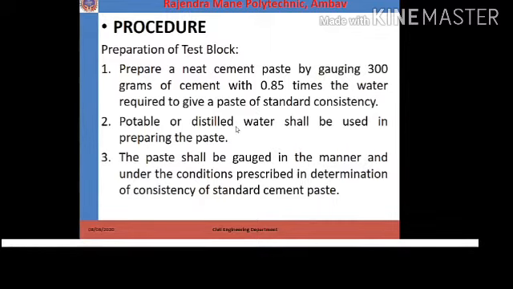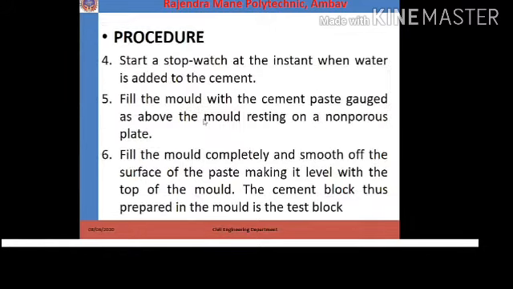The water used shall be potable or distilled water. The paste shall be gauged in the manner and under the conditions prescribed in the determination of consistency of standard cement paste. Start the stopwatch at the instant when the water is added to the cement.